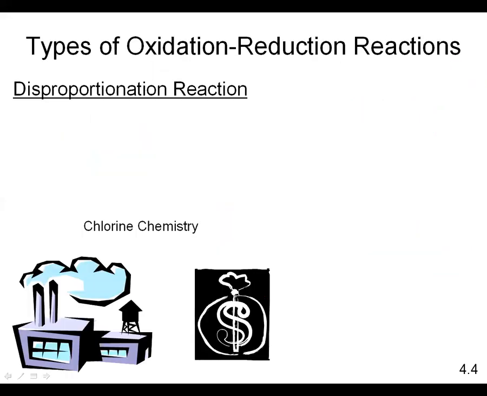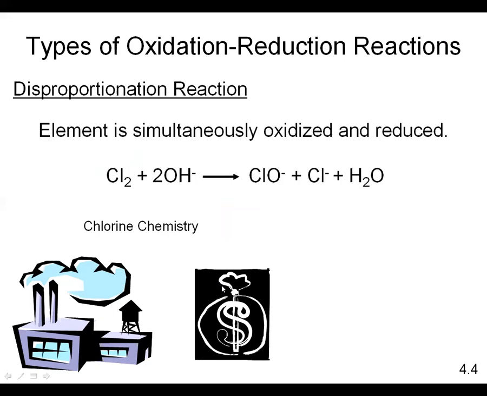Now, one last thing in terms of oxidation and reduction reactions is you could actually have the same element doing both. So you can have the same element going through both oxidation and reduction in the same reaction. When we look over here, our chlorine is 0. And when we look over here, our oxygen is -2, our hydrogen is +1.